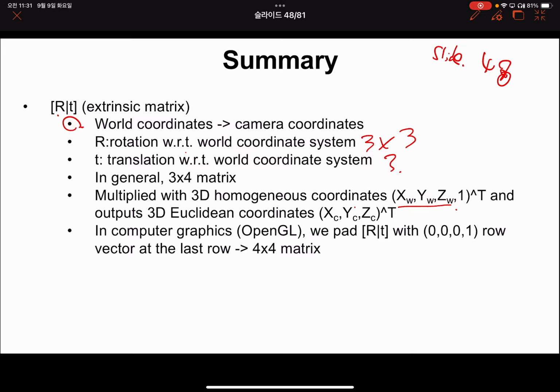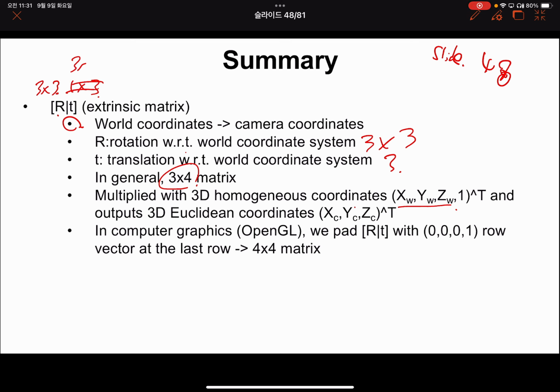So W represents world and C represents camera. That is the role of the extrinsic camera matrix, which is a combination of R and T. So this is, as I said, a 3x4 matrix, because R is 3x3, and this is 1x3. No, 3x1. So that we have a 3x4 matrix.